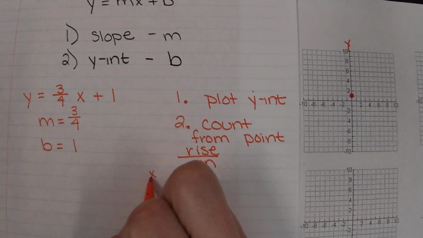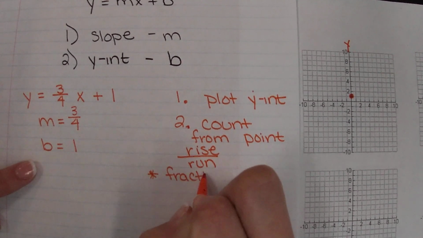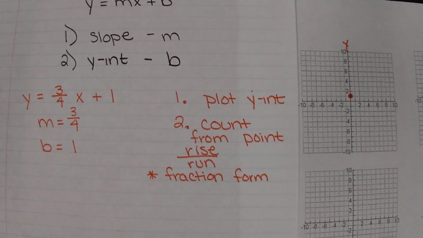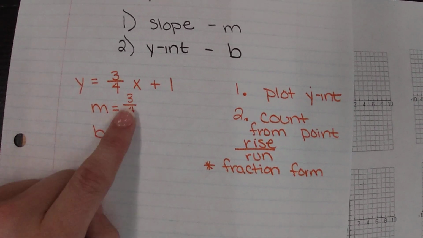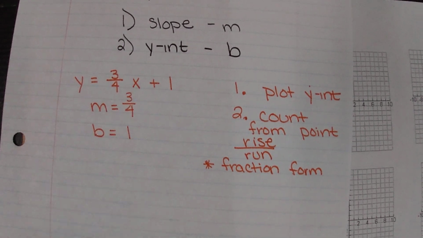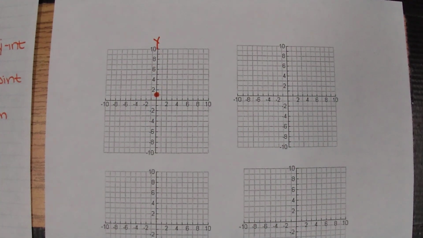So it's going to be really important here that our slope is in fraction form. Okay, so our rise over run, 3/4. We want to rise 3 and we want to run 4. So from this point, I am going to need to rise 3 and run 4.